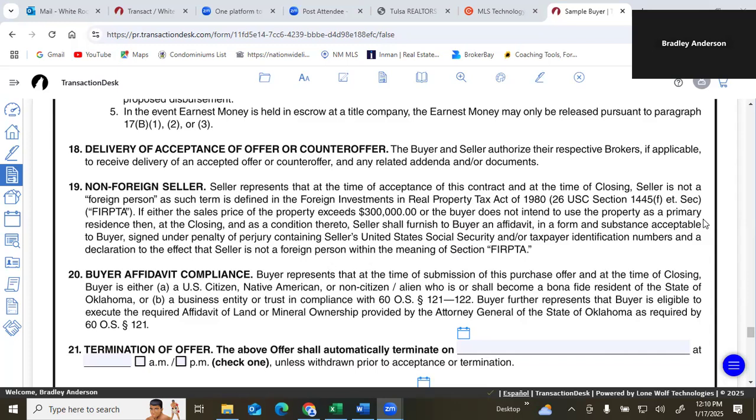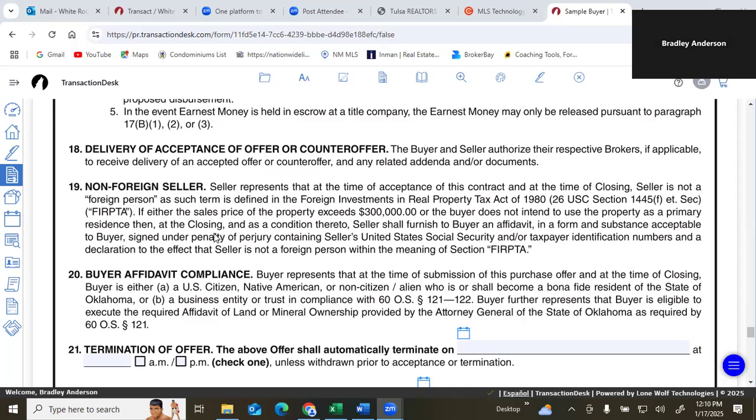Paragraph 19, non-foreign seller. So according to the FIRPTA Act, which is a federal act, seller represents that at the time of acceptance of this contract and the time of closing, seller is not a foreign person, as deemed by the Real Estate Property Act. All right. So that should have been disclosed well before this contract was executed.